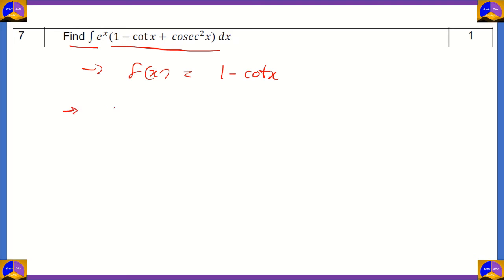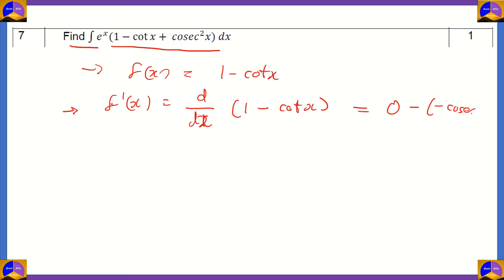Now, what will be the derivative of this function? That will be d by dx of 1 minus cot x, which is d by dx of 1, a constant, is 0, minus d by dx of cot x.